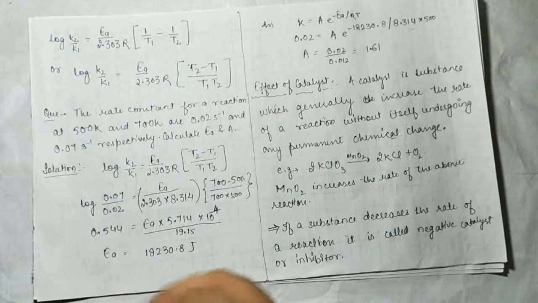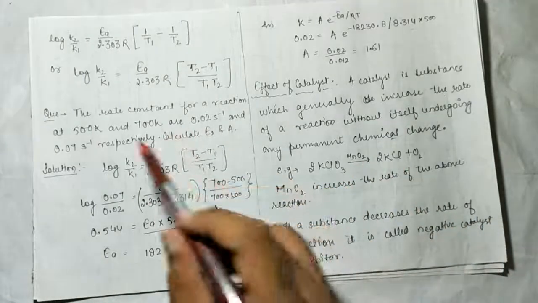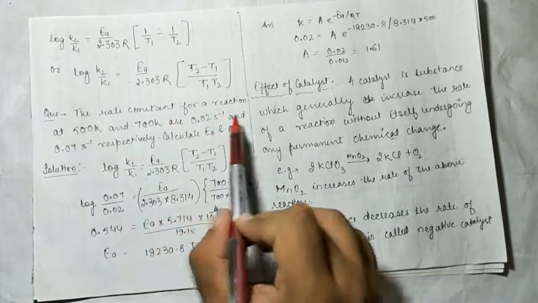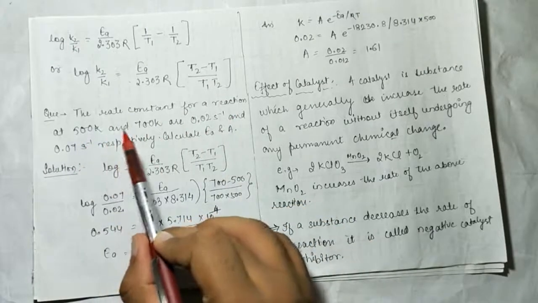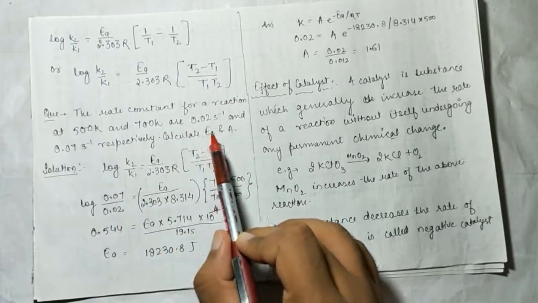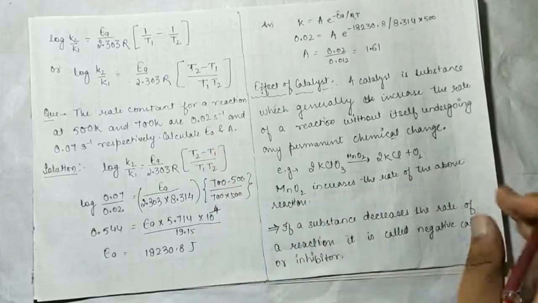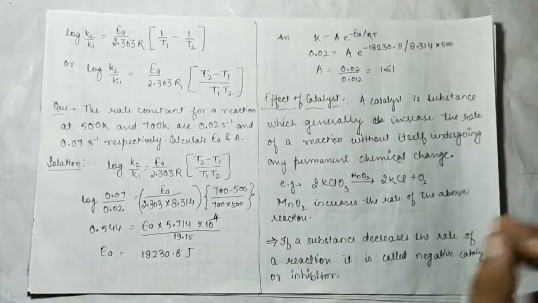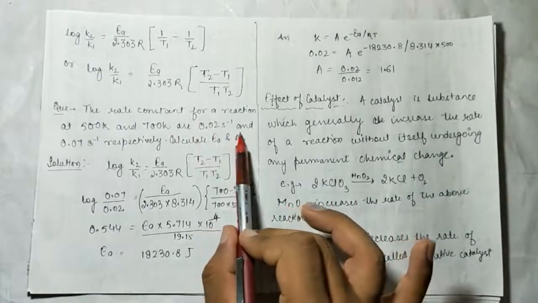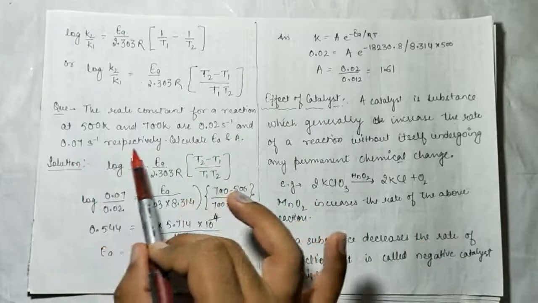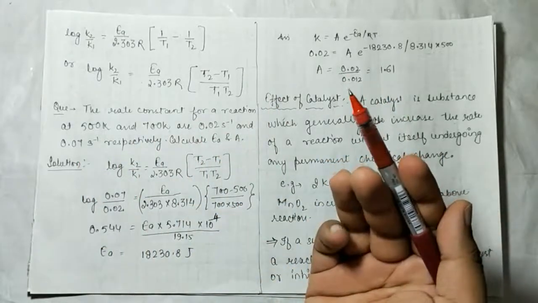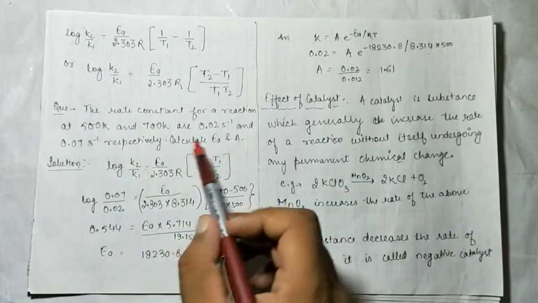Then a question is there: the rate constants for a reaction at 500 Kelvin and 700 Kelvin are 0.02 per second and 0.07 per second. That means two rate constants are given.